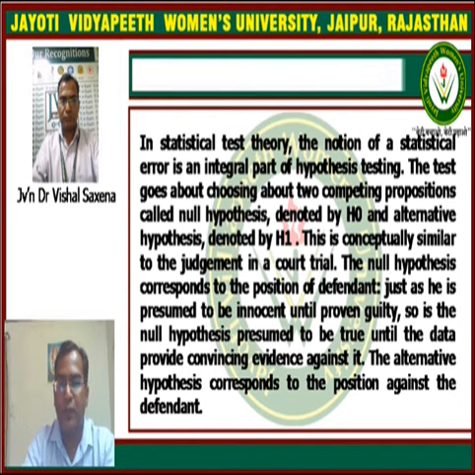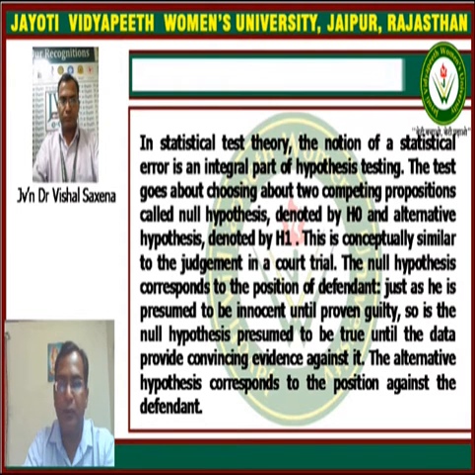So in statistical test theory, the notion of a statistical error is an integral part of hypothesis testing. The test goes about choosing between two competing propositions called null hypothesis, which is written as H0, and the alternative hypothesis, which is written as H1. This is conceptually similar to the judgment in a court trial.